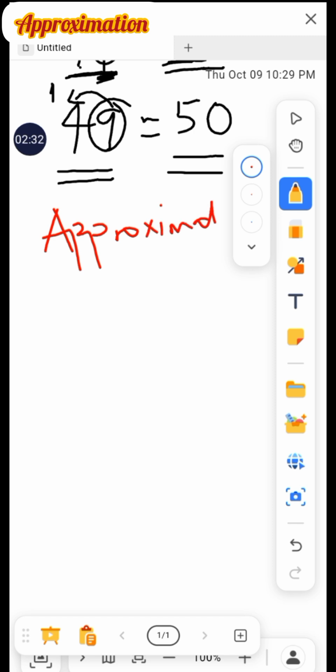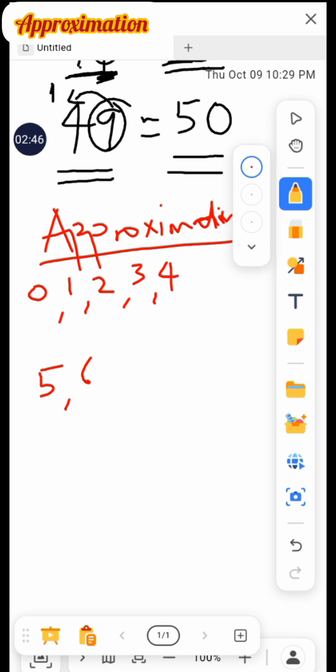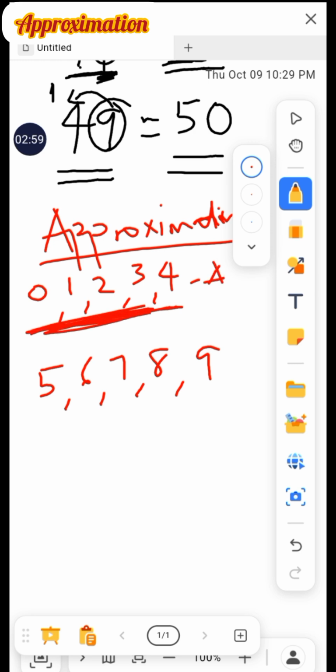When we are carrying out approximation, there is a span of numbers from 0, 1, 2, 3, 4, and we also have the second category of 5, 6, 7, 8, 9. When these numbers 0 to 4 are used for approximation, that means when they are at the back of the number that you want to approximate, they will only add 0 to the previous number. They round it to 0.